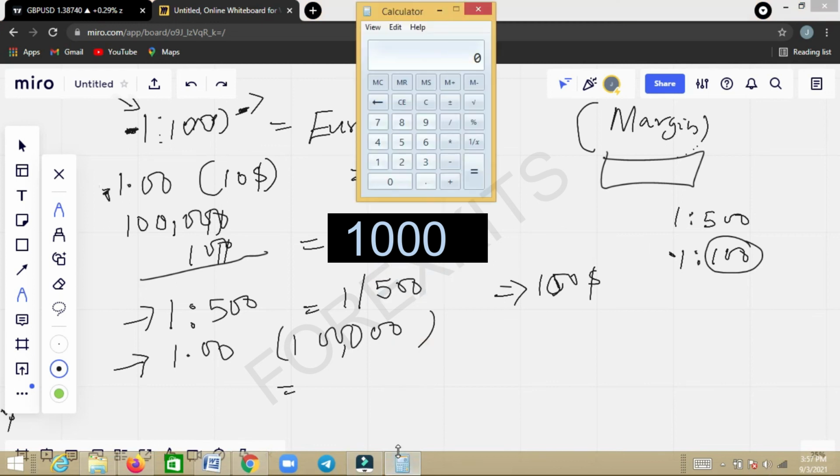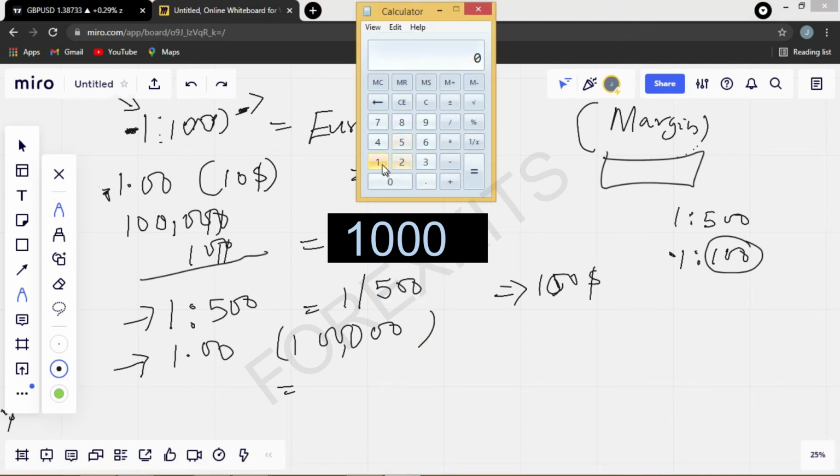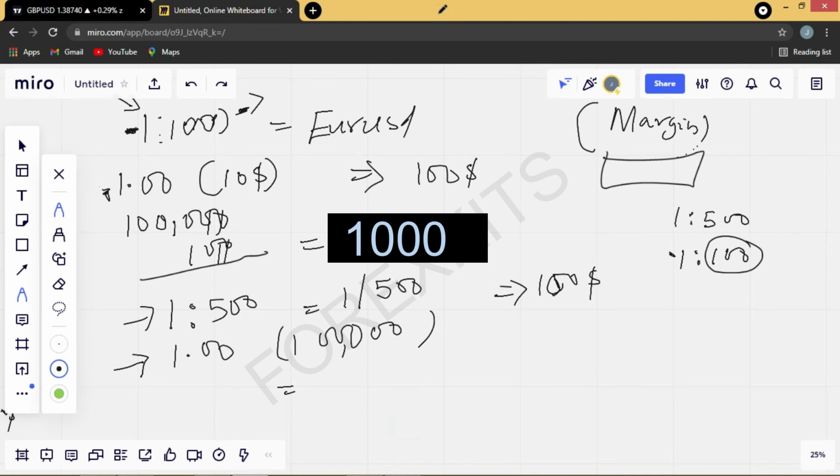We do 100,000 divided by the leverage offered to you, which is 500, and that gives us 200. That means to get into this trade, we need $200. And do we have $200 at the time? No, we are broke.